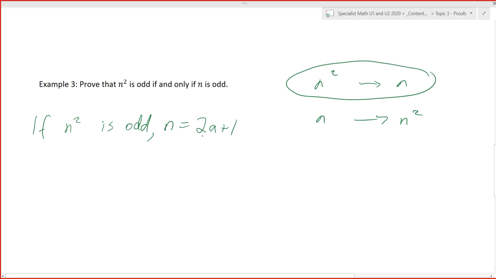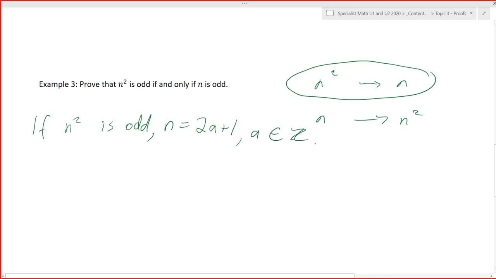So like you guys already said in the chat, there's some number or some integer, right? That's an integer, and we times that by 2 and add 1 to that, and that makes n odd.